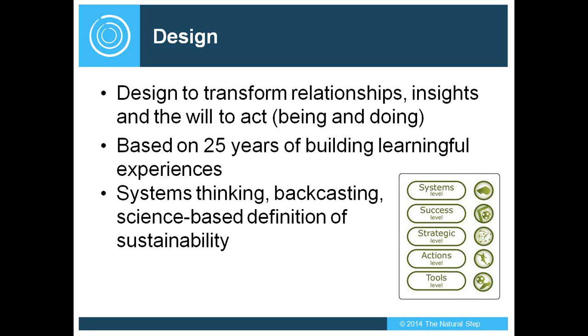That systems thinking, that Senge stuff that we all know and love, about being able to truly backcast from a place and begin with that end in mind, using, instead of lofty or intangible definitions of sustainability, or all these different versions of it, a science-based definition of sustainability, as well as being able to position that, you'll see the diagram on here, in a way that provides a framework to make sense of everything that is going on, whether it's at the systems level, defining the success level, using the sustainability principles there, at the strategy level, actions level, or different tools level.